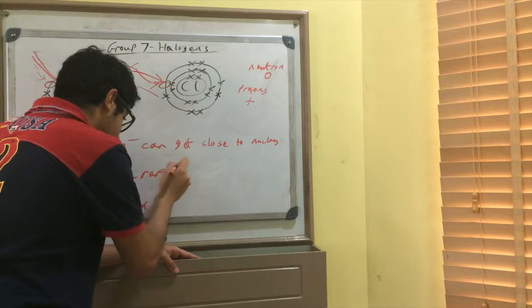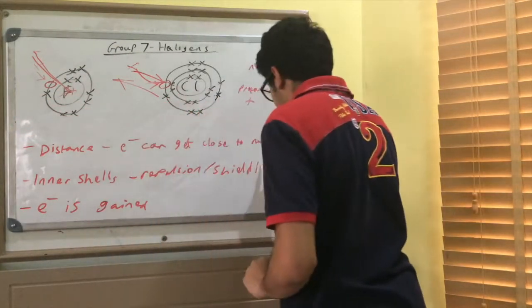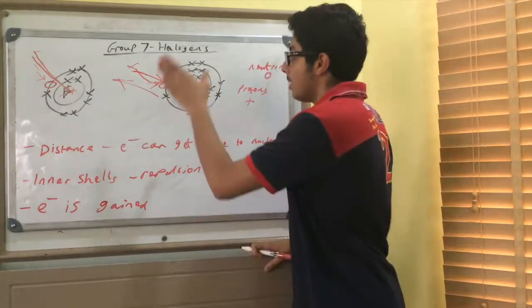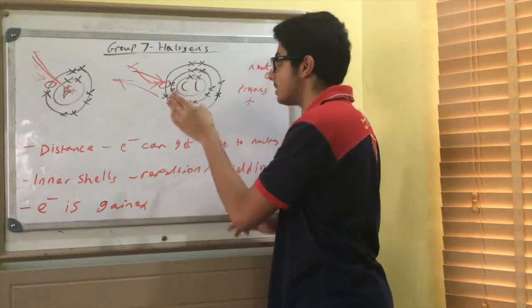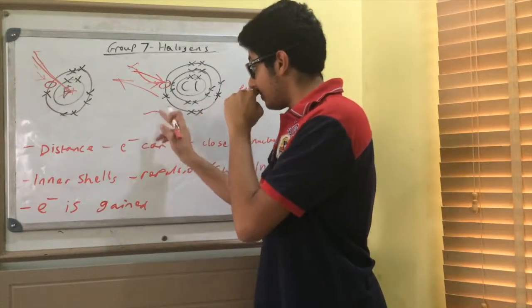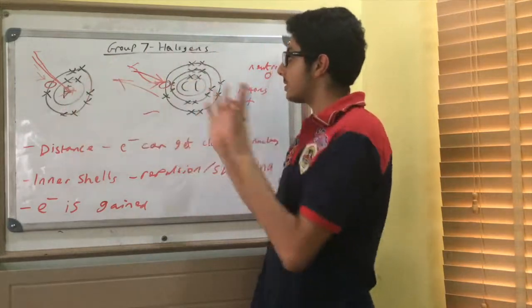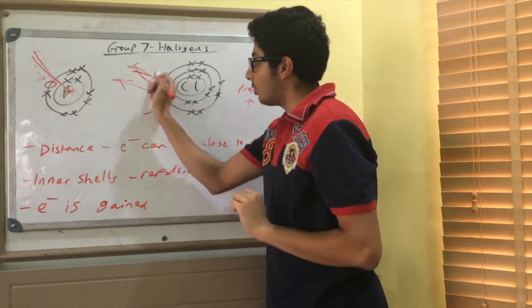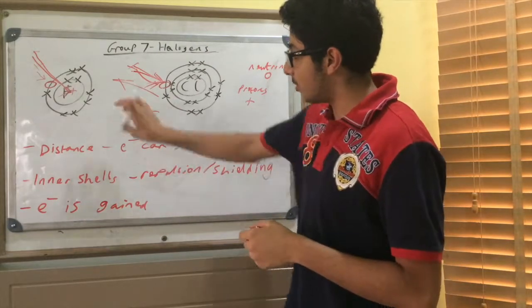So the repulsion or shielding. Because remember, the electrons are negatively charged. More inner shells as you go down the group, more electrons in the inner shells. So a stronger electrostatic repulsion force keeping this electron away. You don't want that, which is why it's harder to gain the electron as you go down the group.